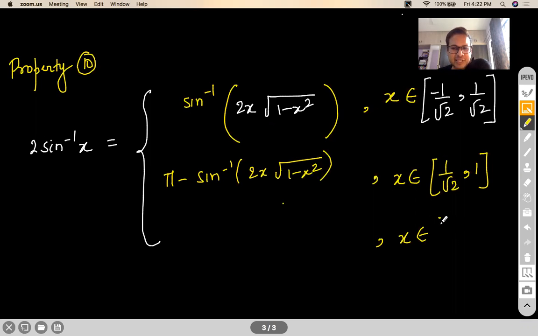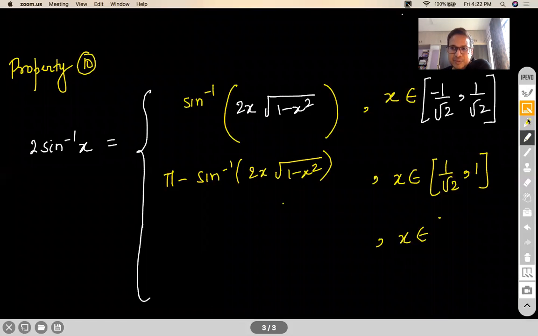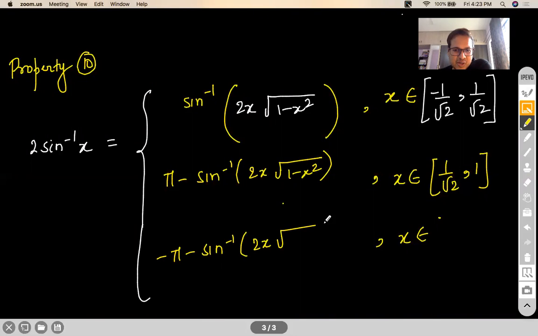The other one is minus pi minus sine inverse, I can't figure out the exact correct one. And what interval of x? The remaining: 1 by root 2 to 1, and minus 1 to minus 1 by root 2.